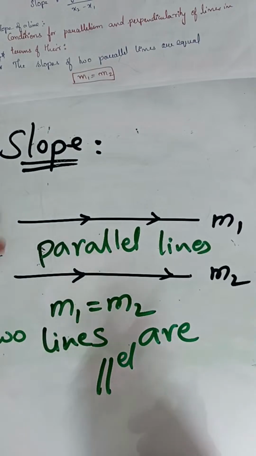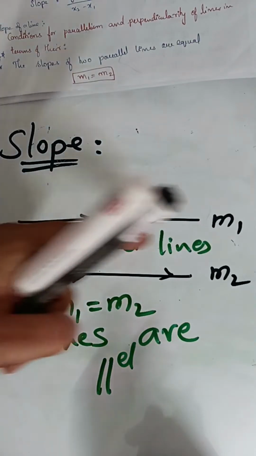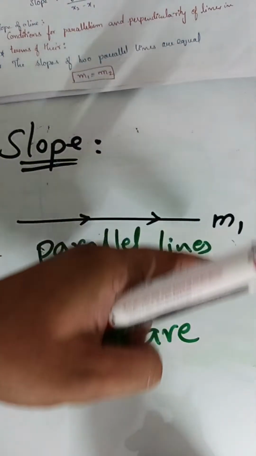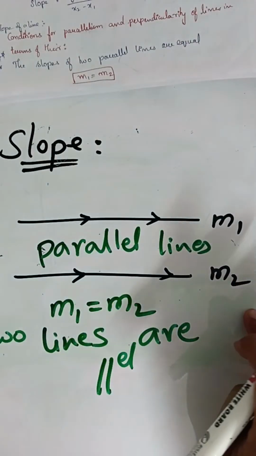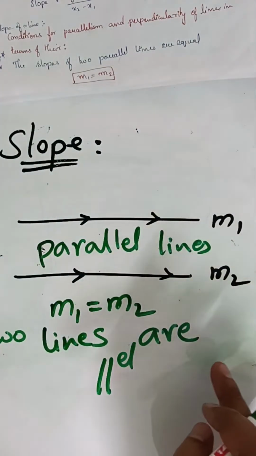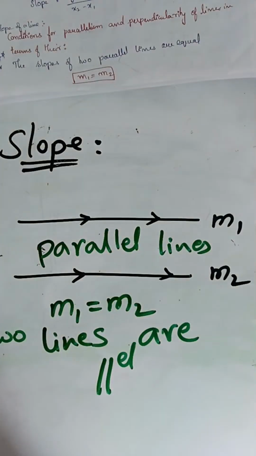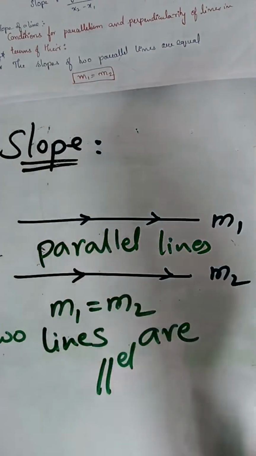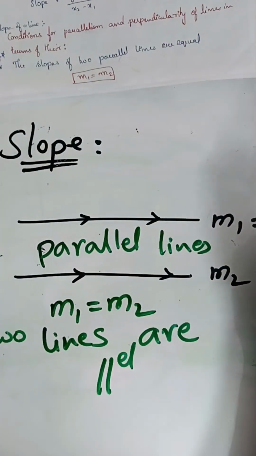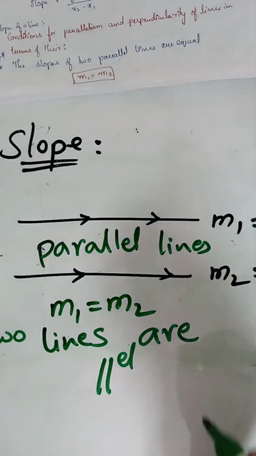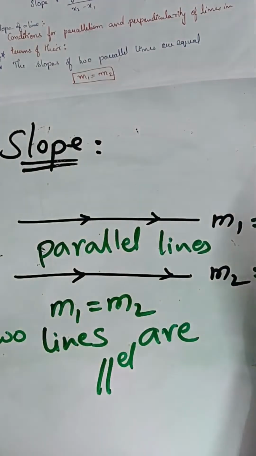When the two lines are parallel, the slope of the first line and the slope of the second line will always be equal. If the slope of the first is 1, and I ask what is the slope of the second line, you can say blindly that it is also 1.